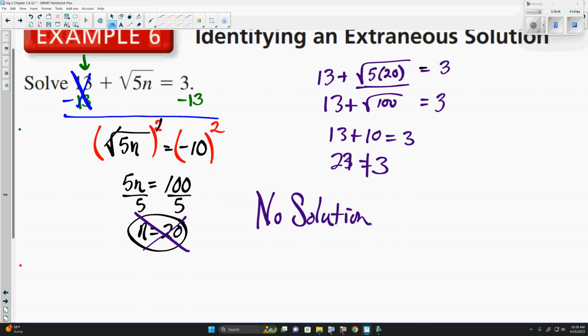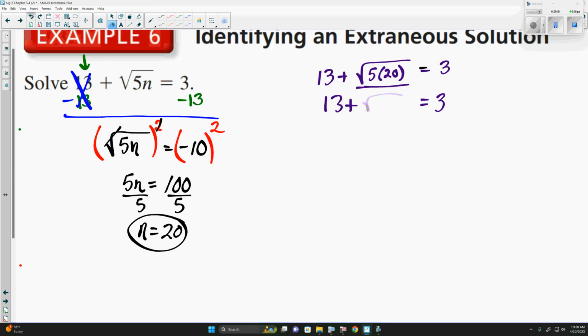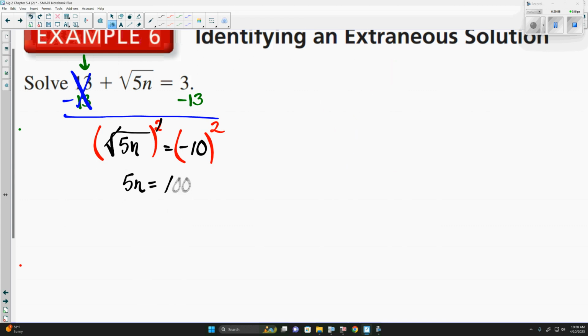Now before we move on to the next one, I want to look back at this one. I want to back up to this part here: the square root of 5n is equal to negative 10, yes? What we're trying to see is what number times itself gives us the number inside. Is there any way that I can have a negative come out of a radical?